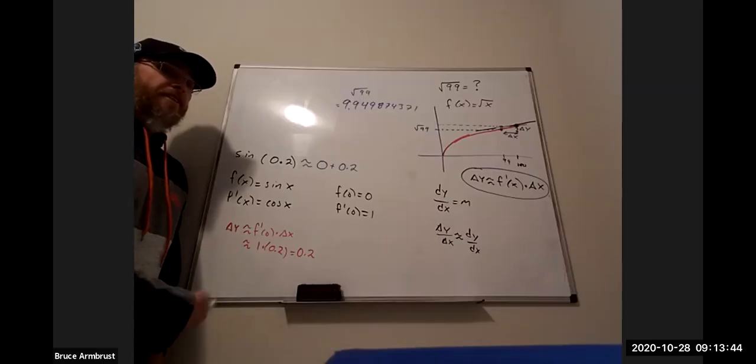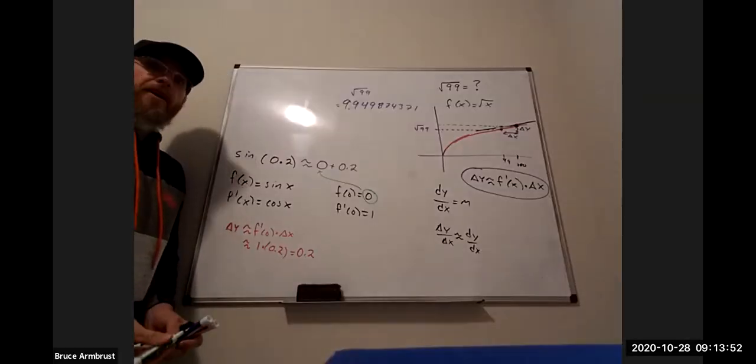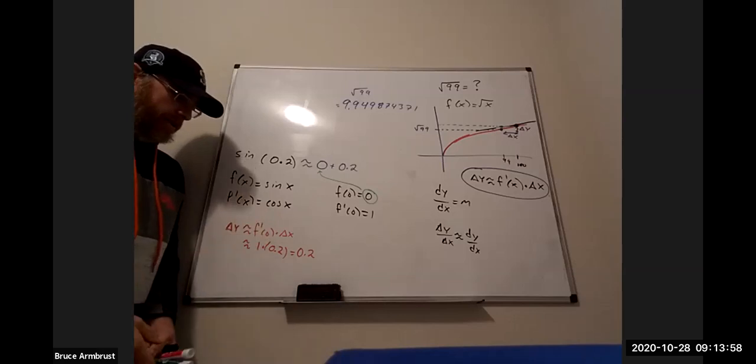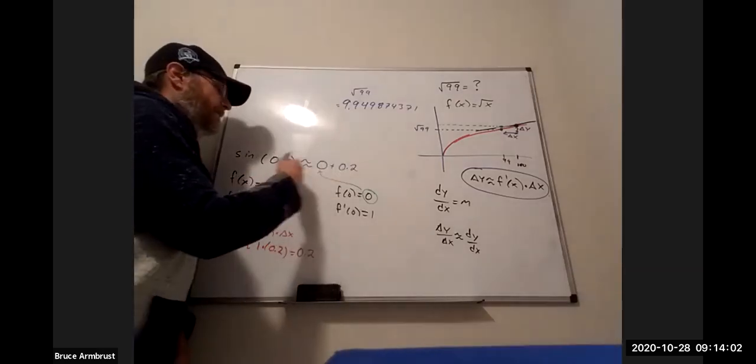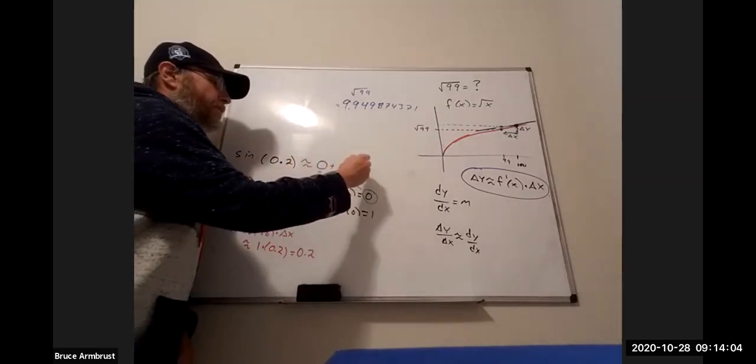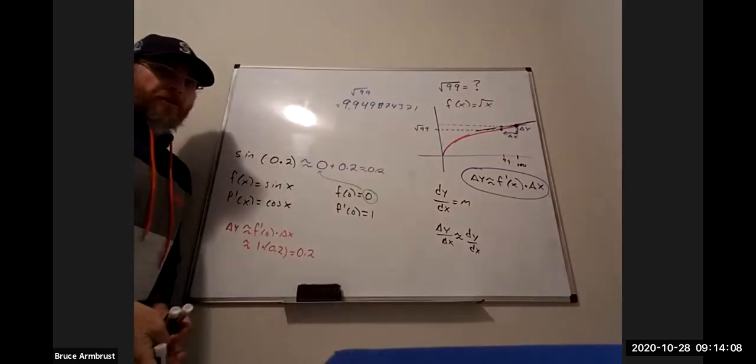Well, be careful. It's not the 0 that we were plugging in. It was the sine of 0. It was the 0 that came out. So it was the function value at that point. And we added our delta y. Okay, so that tells me that the sine of 0.2 is really close to 0.2.